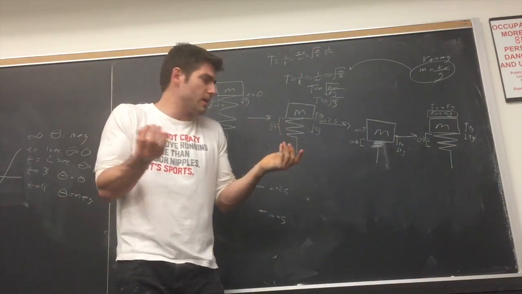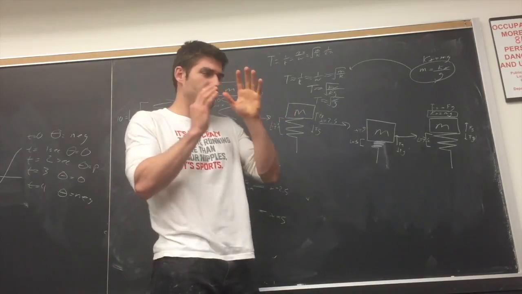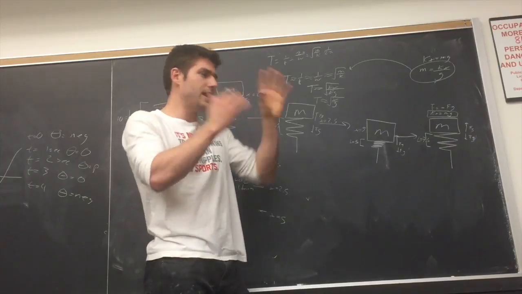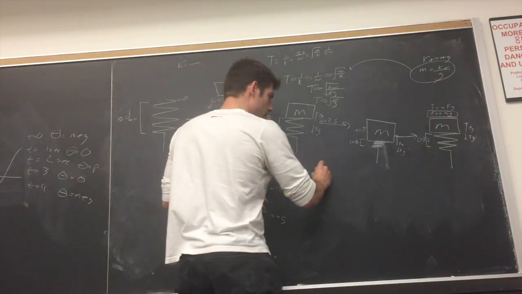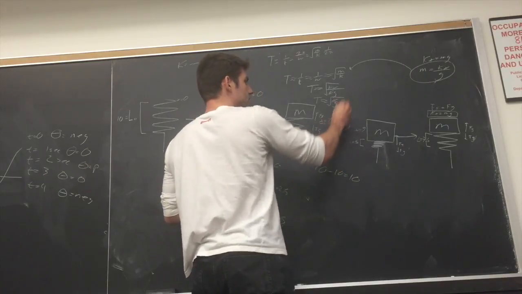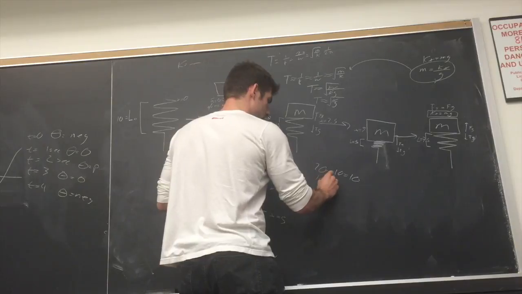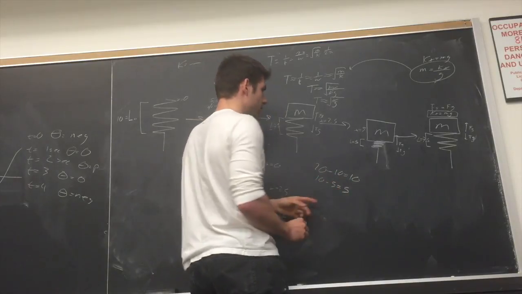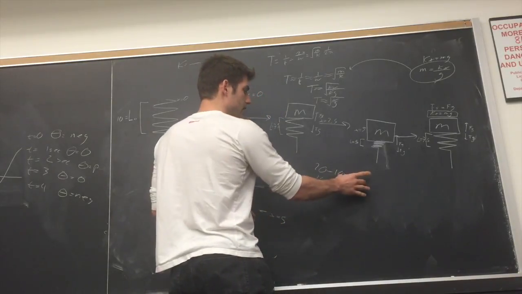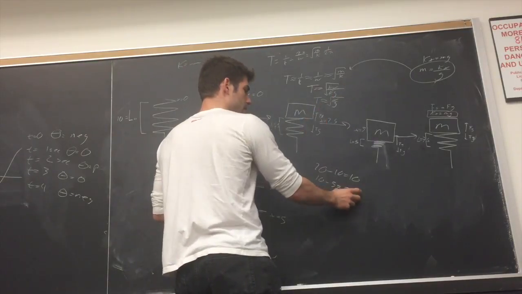But that also doesn't really matter because we're looking at the difference between lengths. If you plugged in 10 for one of these, and then for another one, you did 10 minus 5 equals 5, we would say the one with 10 is going to have a bigger period than the one with 5.